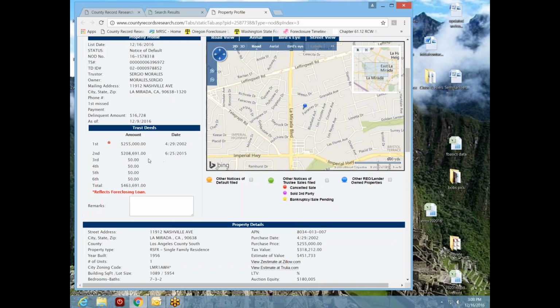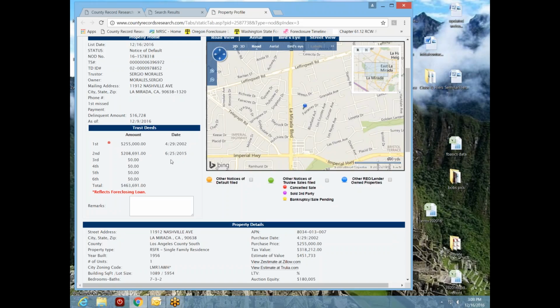Now what this tells me is either Sergio, who's our owner and borrower, took out a second in June of last year for 208,000, or he fell behind on his first and he got a modification of his first, and so what looks like a second might be the very same loan.